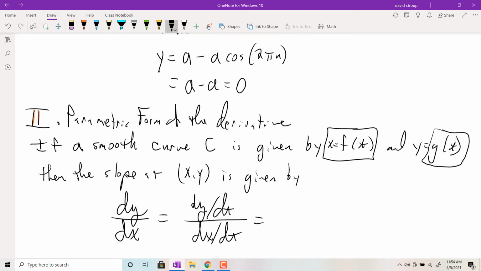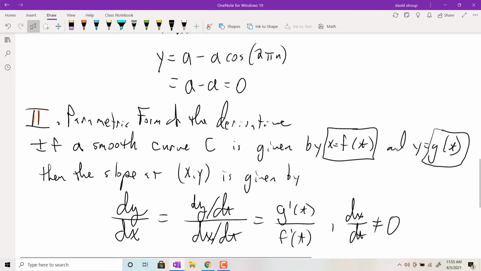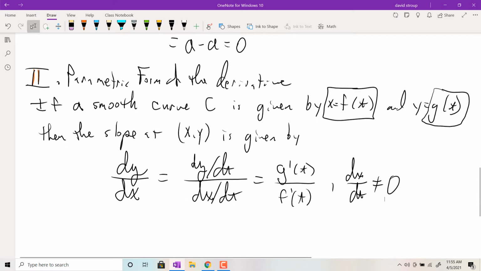And of course that will just be g prime of t all over x prime of t, which is f prime of t. And we'll assume that the derivative of the denominator can't be equal to 0. That will clear up the cases where we have asymptotes, and also allow us to avoid the smoothness issue.